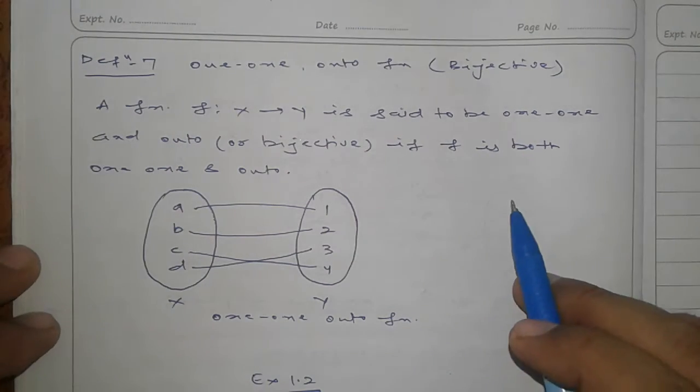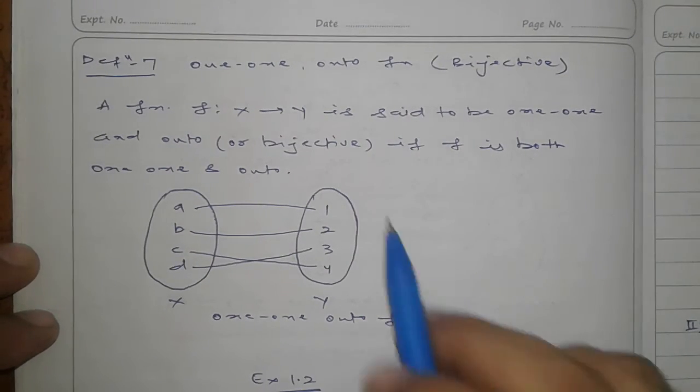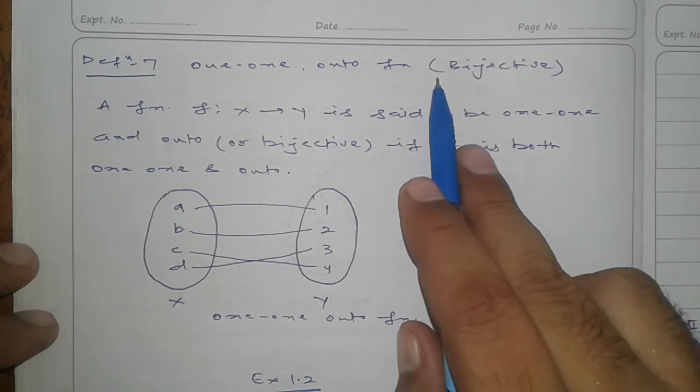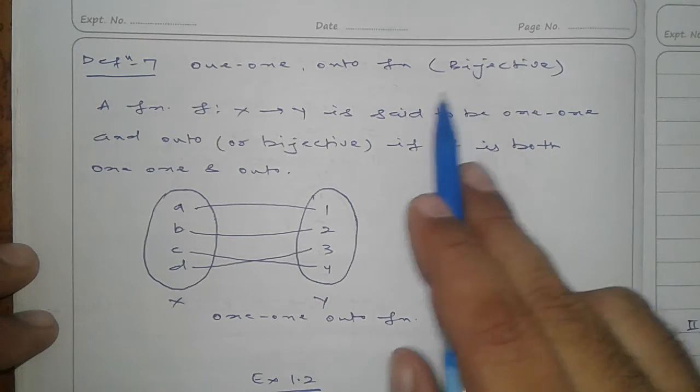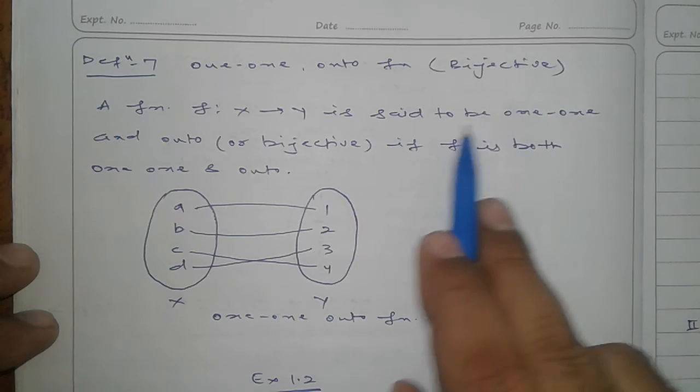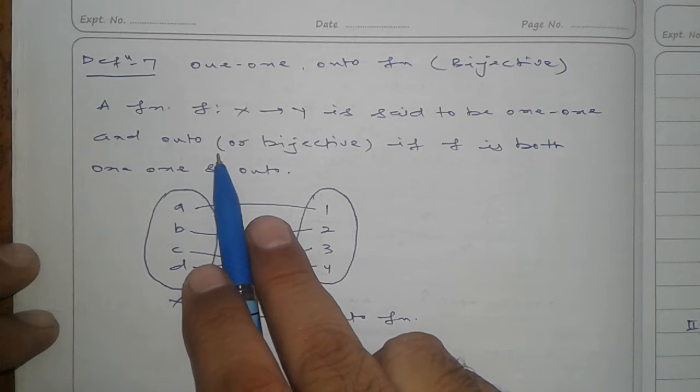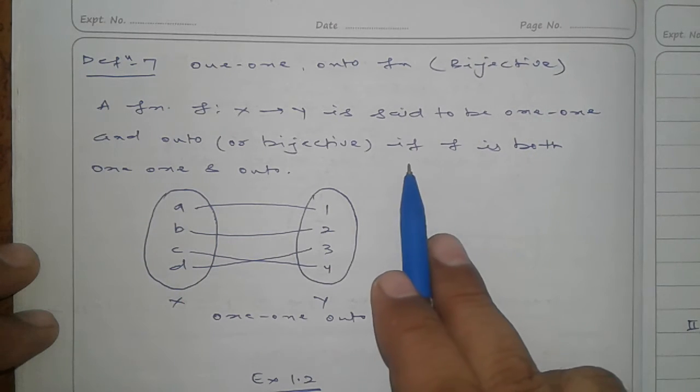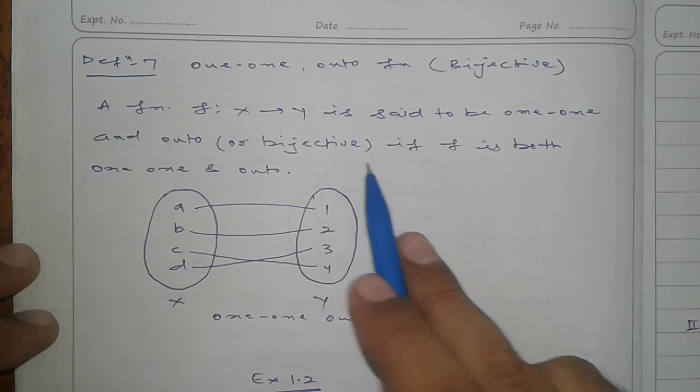Now definition 7 in NCERT is one-one onto function or bijective. A function which is one-one as well as onto is said to be bijective.